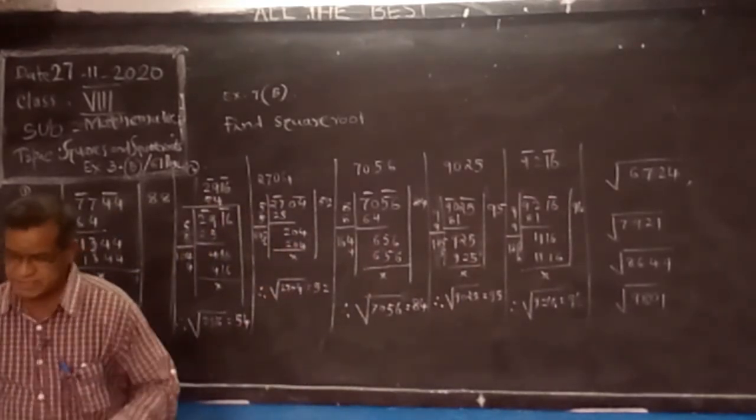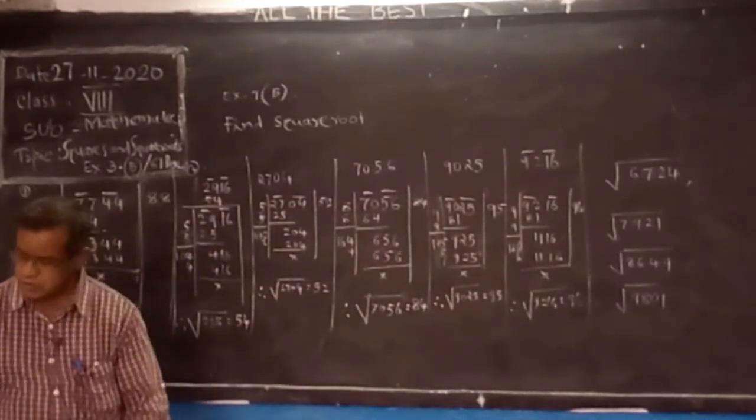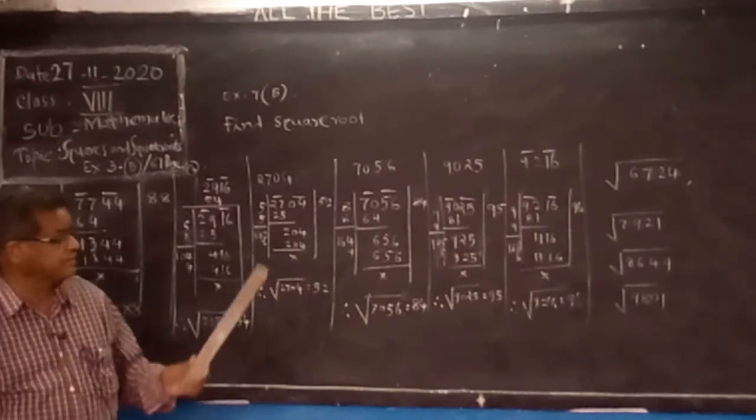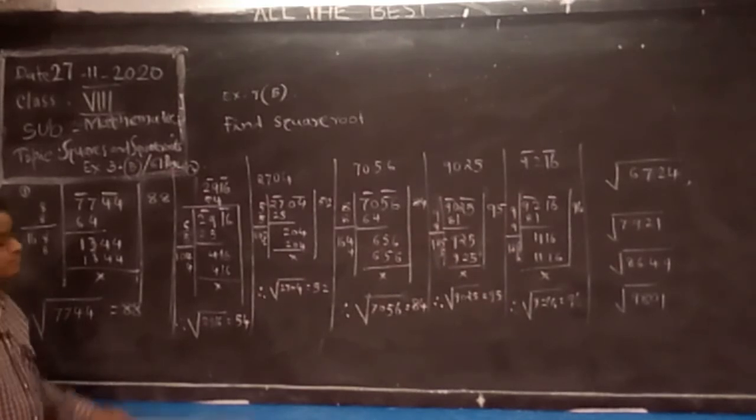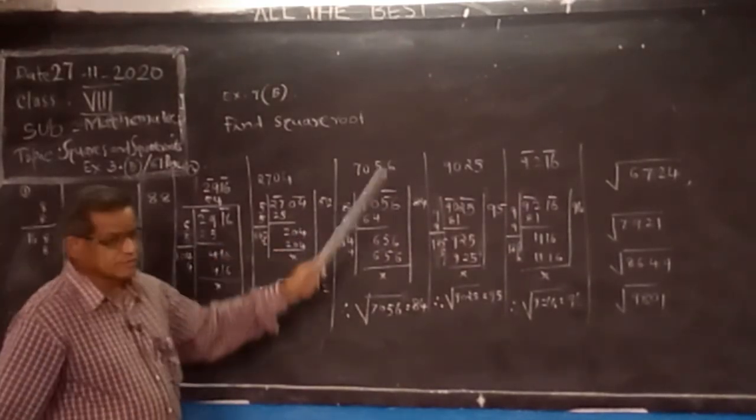Thank you. These are easy. You don't feel any difficulty because I have given so many problems. How to find the square root by the division method for 4 digits.